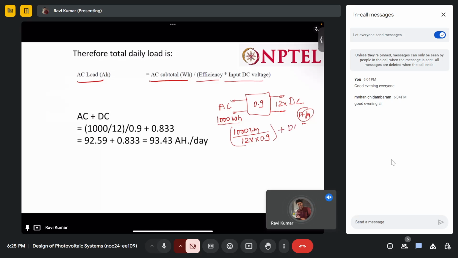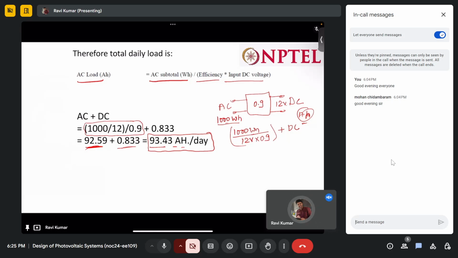This AC part which we have done here is coming to around 92.59. And if we add this DC load, this is the total requirement of ampere hour per day. So we are requiring 93.43 ampere hour per day.